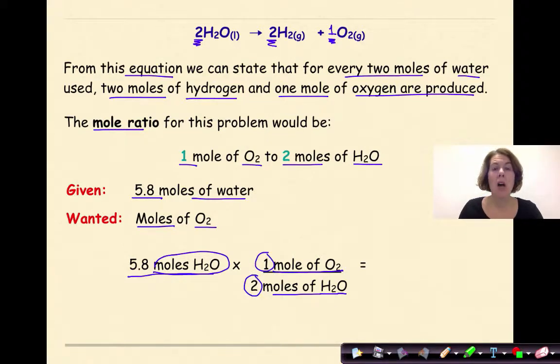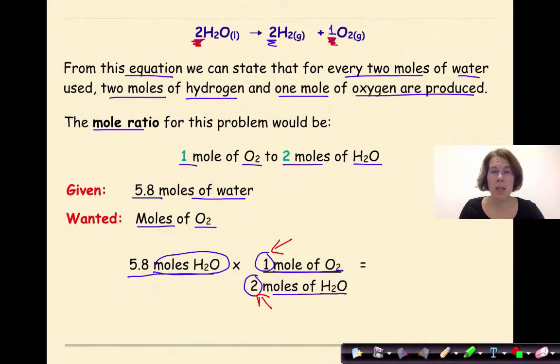These numbers come from the balanced equation. If I look up at my balanced equation, I can see 1 mole of O2 right here, and 2 moles of H2O, which I have right here. So those numbers in this ratio, as we do these mole-to-mole problems, come from the balanced equation, always.